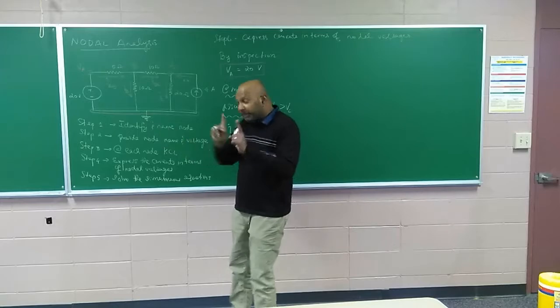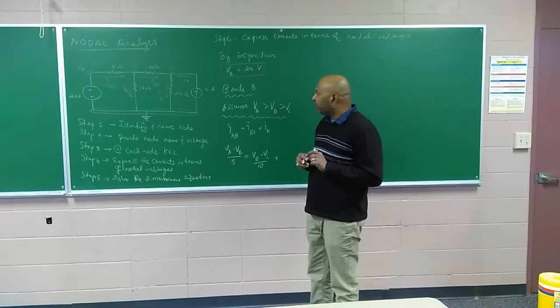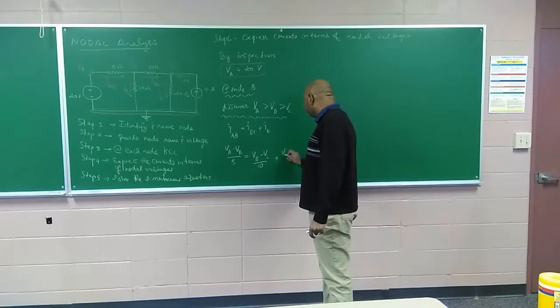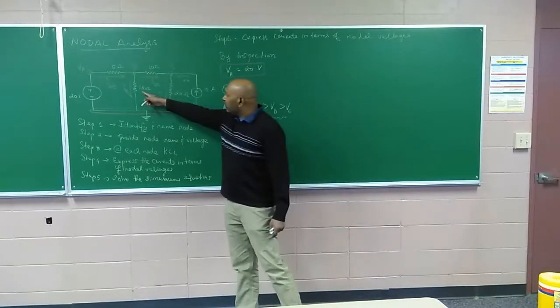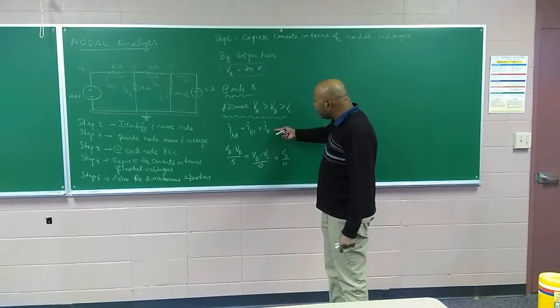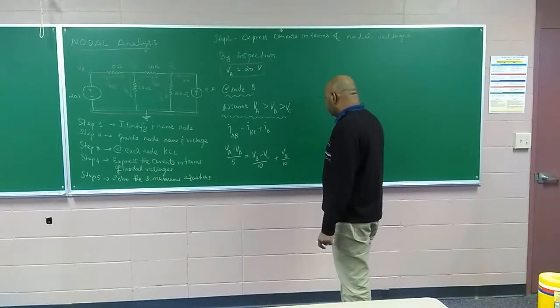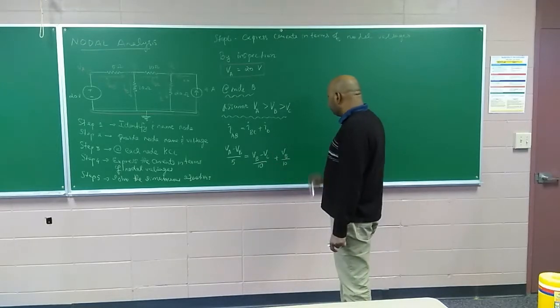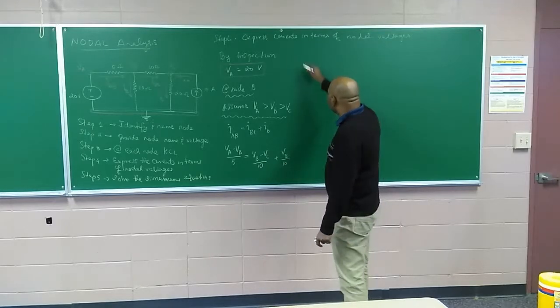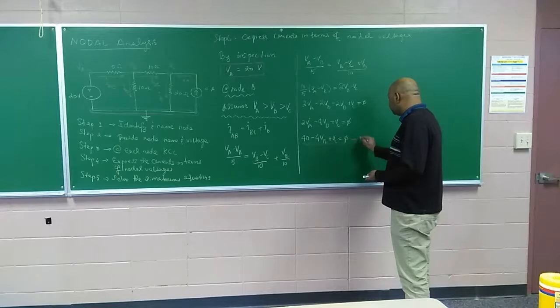The voltage difference for that will be basically VB minus 0, which is nothing but VB divided by 10, which is the vertical 10 ohm resistor. So that is the writing of the KCL in terms of the nodal voltages. Okay, so if I further simplify this, let's call this equation number 1.